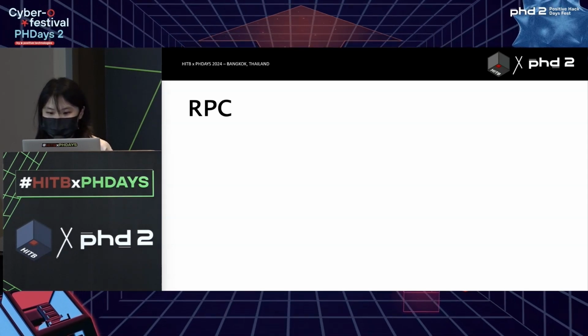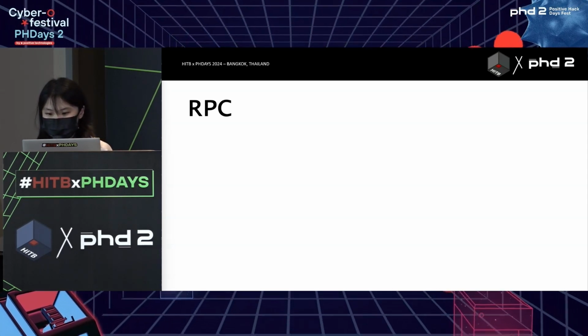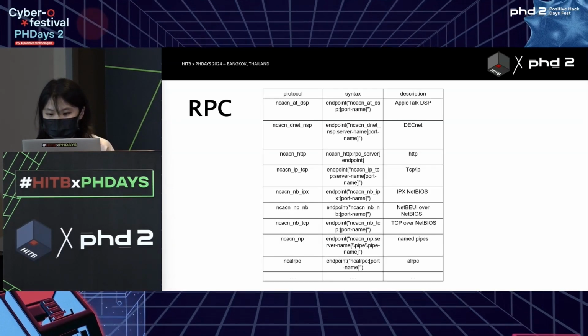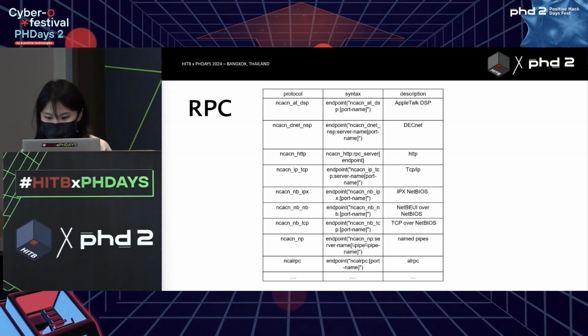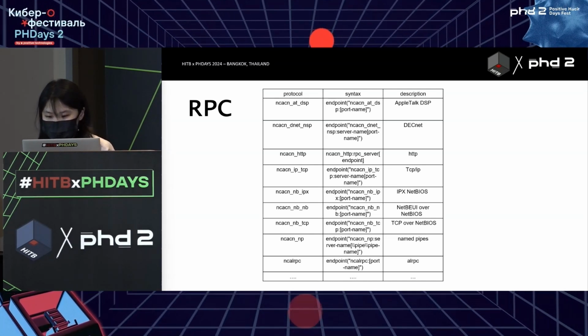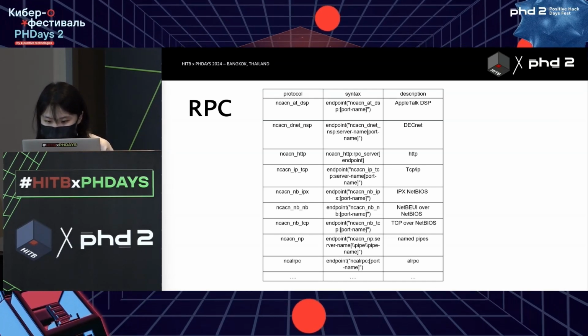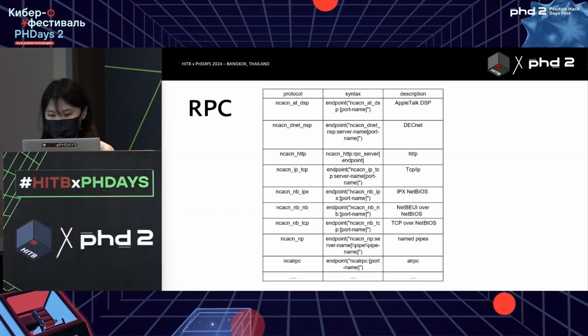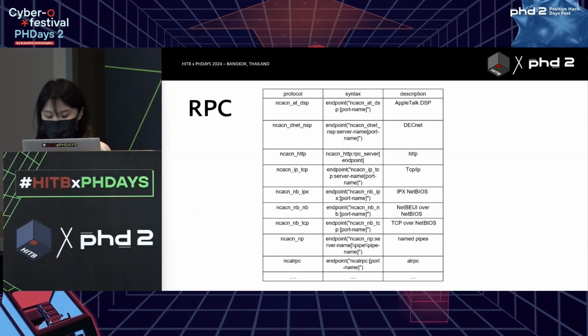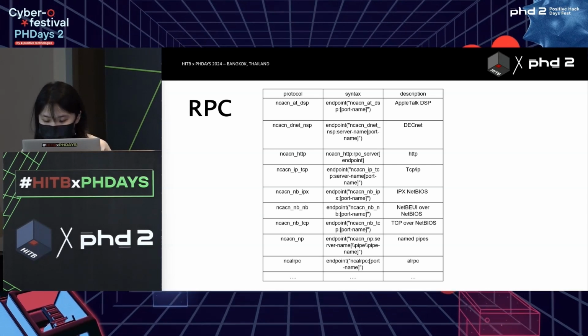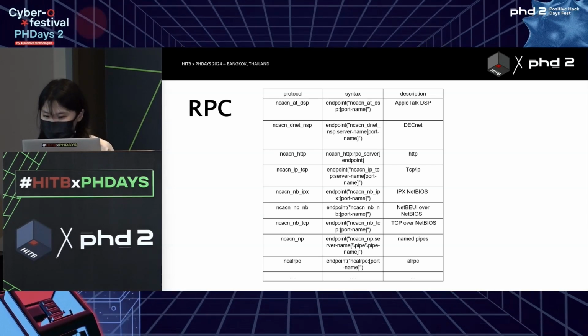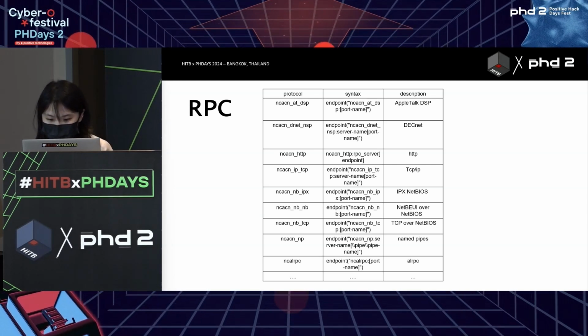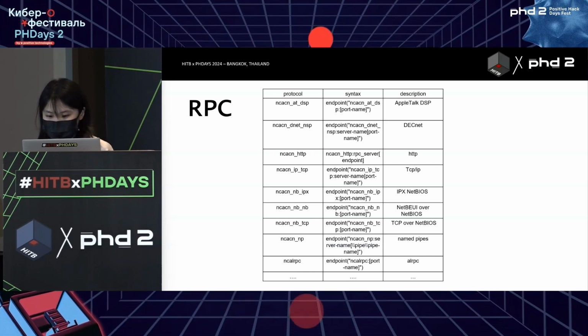Let's take a look at the protocols supported by Windows RPC. From the table, we can see which protocols Windows RPC supports, such as the commonly used NCACN protocol or NP protocol.